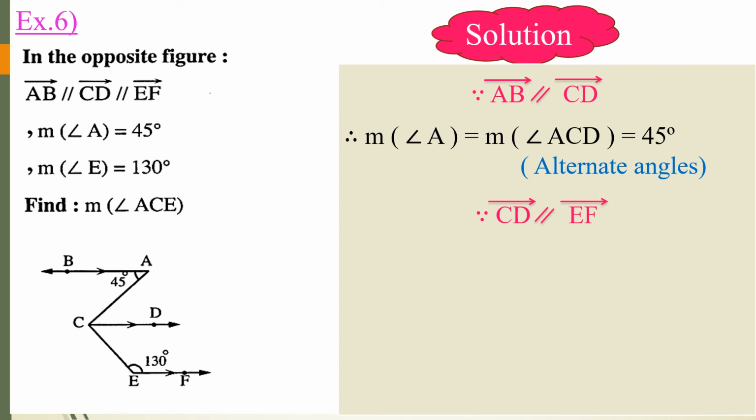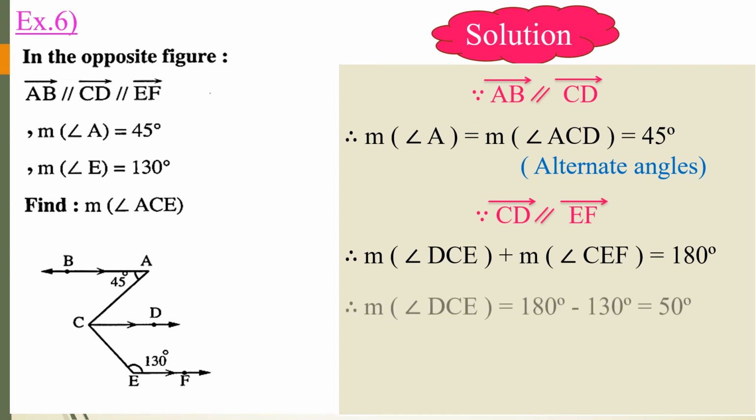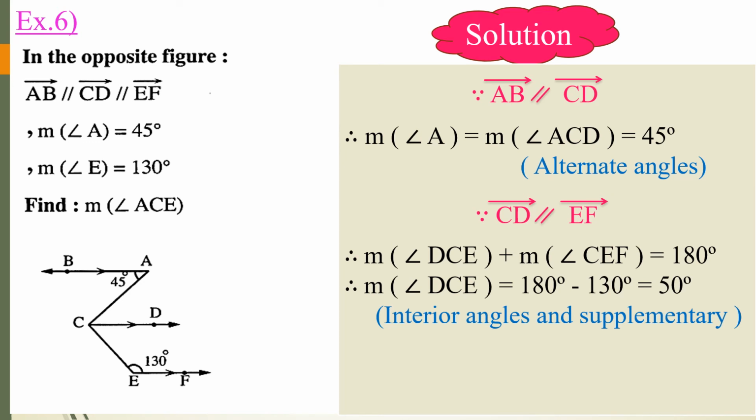Since CD is parallel to EF and CE is a transversal of them, then the measure of angle DCE plus the measure of angle CEF equals 180 degrees. So the measure of angle DCE equals 180 minus 130, which equals 50 degrees, as interior angles and supplementary.